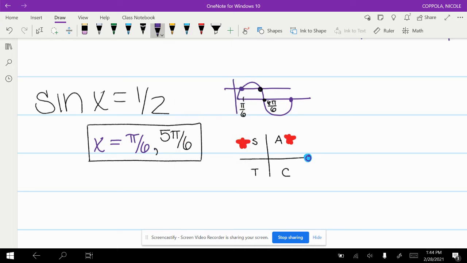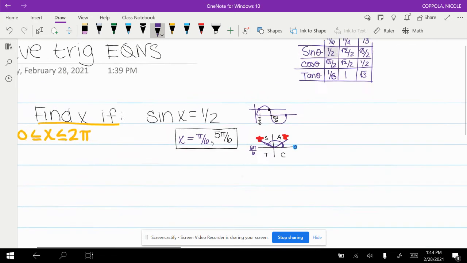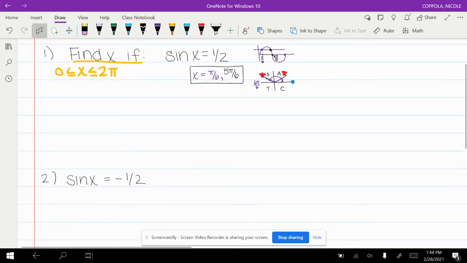This is 0, this is pi, but because we're counting in increments of pi over 6, this guy would be 6 pi over 6. So again, we get our answer of pi over 6 in quadrant 1, and then one increment back, 5 pi over 6 in quadrant 2. And so that's it.